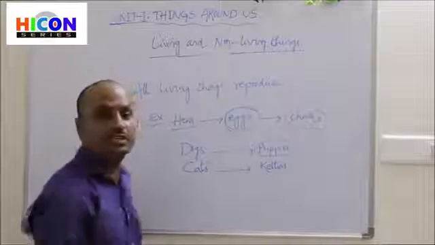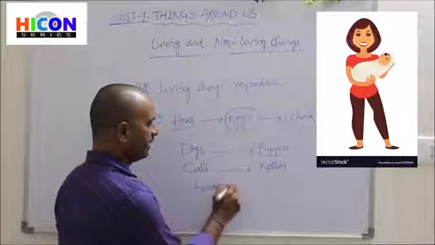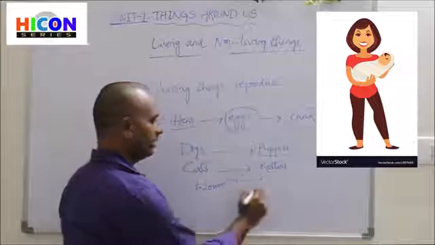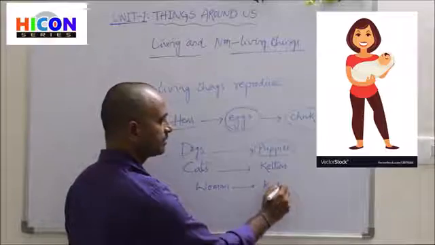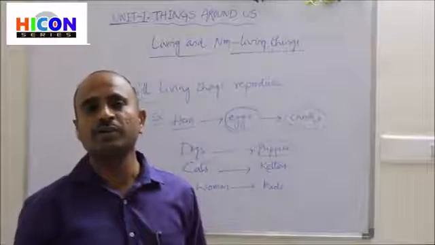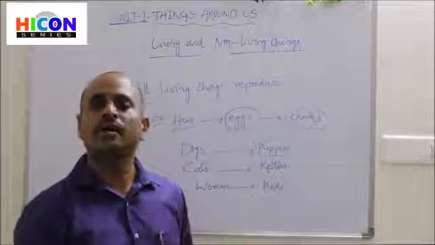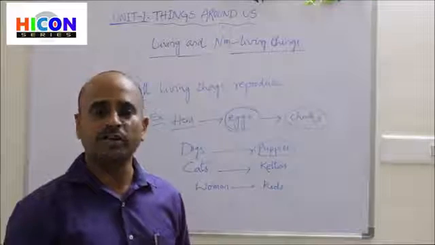Whereas, consider human beings: a woman gives birth to her kids. This process of producing new ones by the help of seeds or eggs is called reproduction.